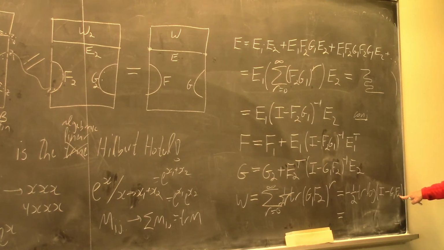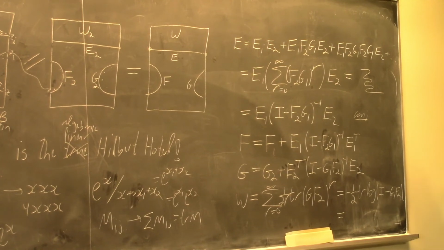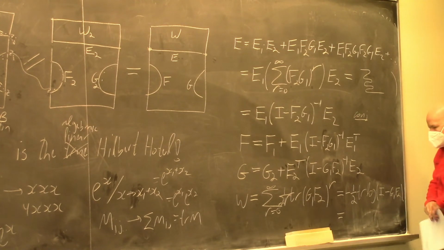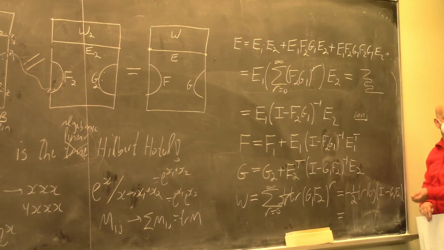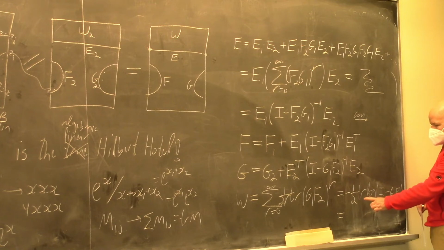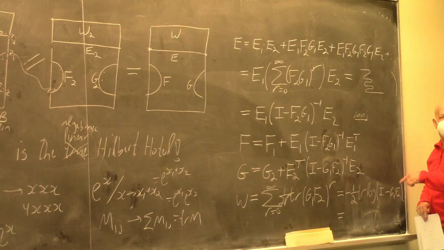So expand this as a power series. You will get this power series, and you put the trace every place. And then the trace of the logarithm of a matrix is the logarithm of its determinant. So think like eigenvalues. The trace is the sum of the eigenvalues, the determinant is the product. So the sum of the logarithms of the eigenvalues is the logarithm of the product of the eigenvalues.